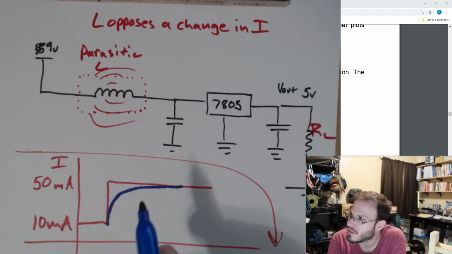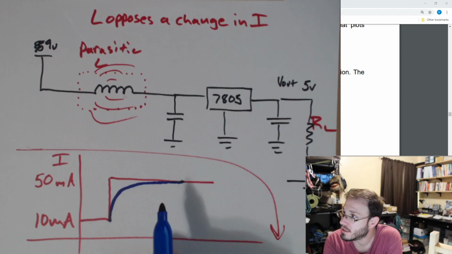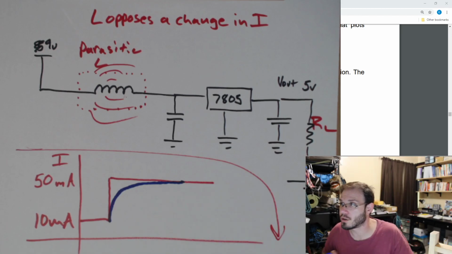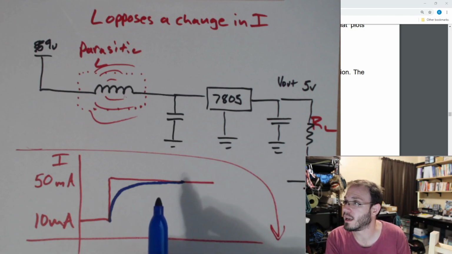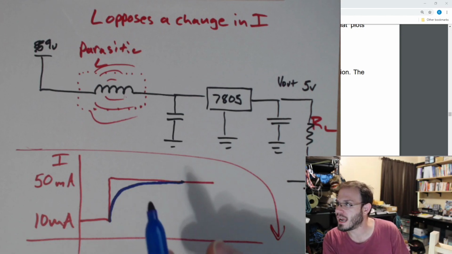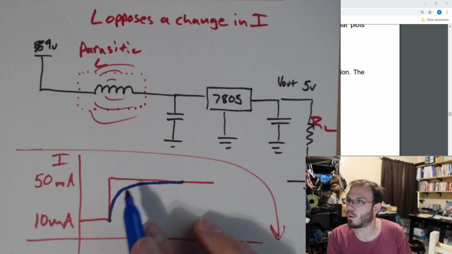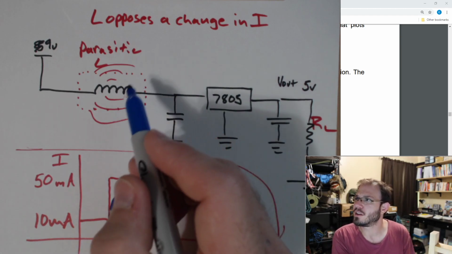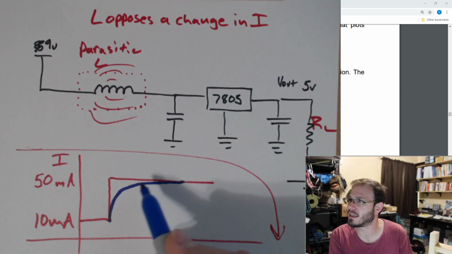So how do you deal with this problem? And I will say this is a real problem that exists all over all of our circuits. Any type of digital device, especially that has large changes in current, will have issues with this. And so this parasitic inductance is causing this to happen.